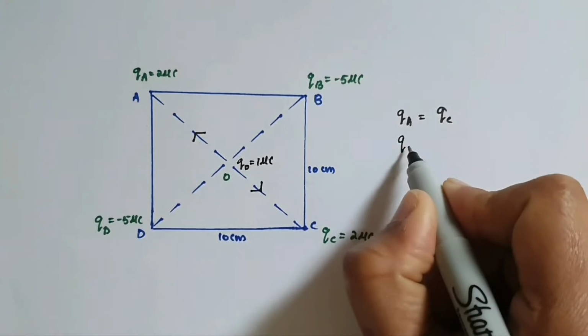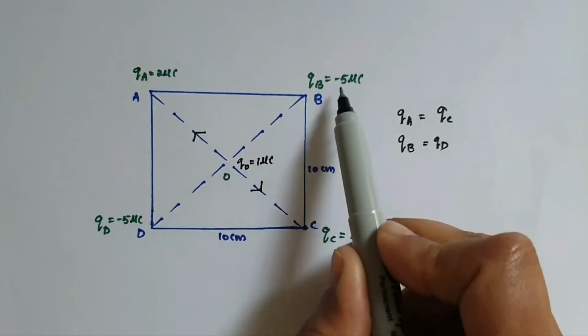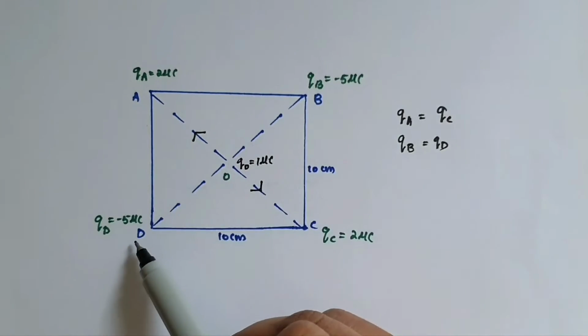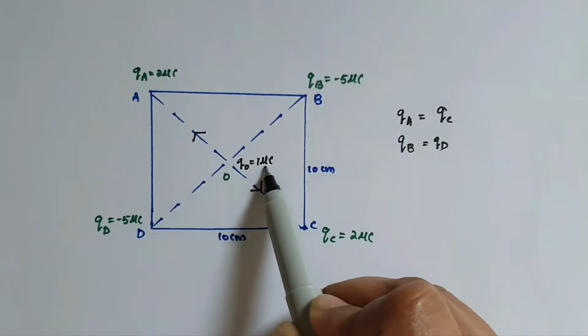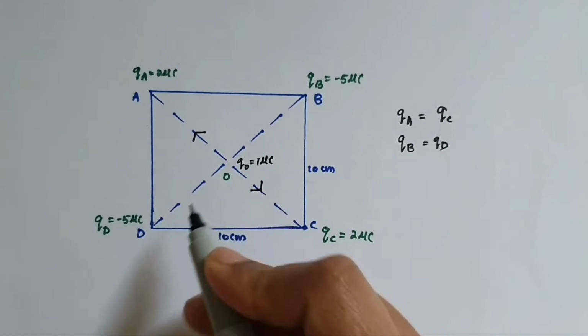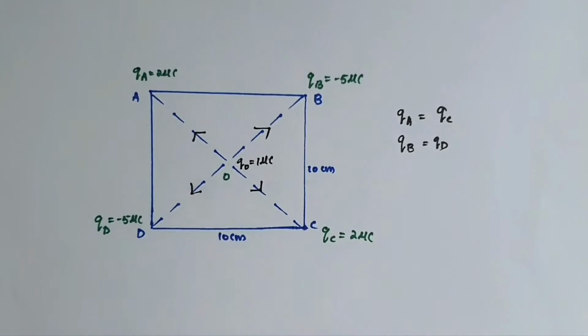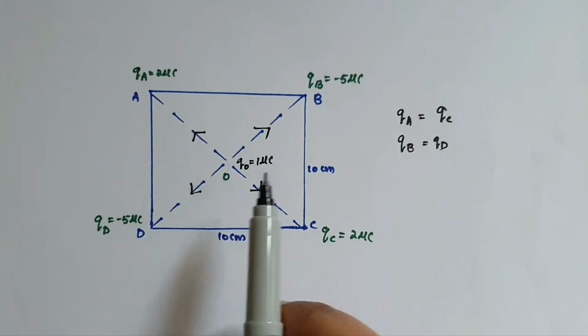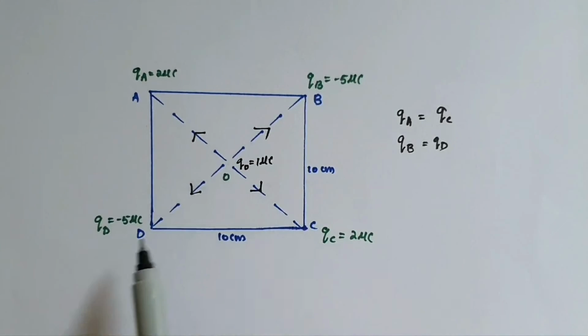Similarly, QB is equal to QD, both are minus 5 microcoulomb. Their forces are the same but in opposite directions, so they cancel each other. Therefore, the resultant force on this 1 microcoulomb charge by the other 4 charges is equal to 0.